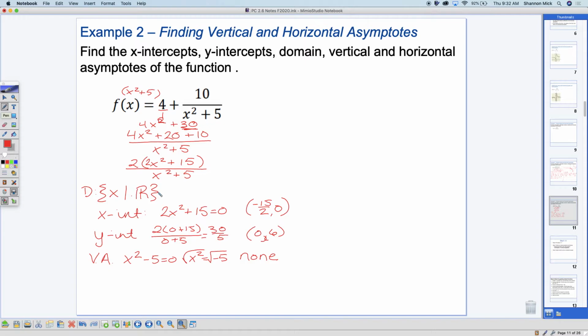So what's next? HA. HA, what's HA? Horizontal asymptote. How do I find horizontal? Degrees. So it'd be 2 over 2, right? x squared and x squared. Oh yeah, because it's a reduced version. Well, it doesn't matter.